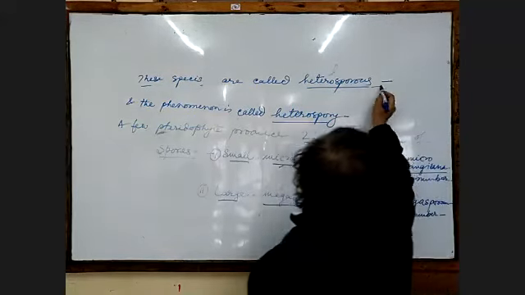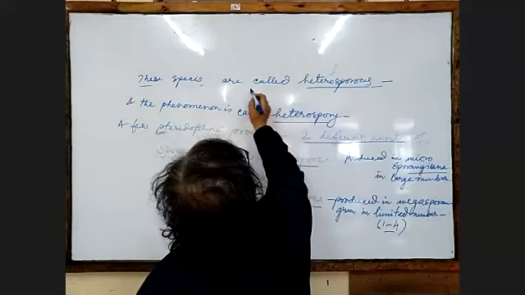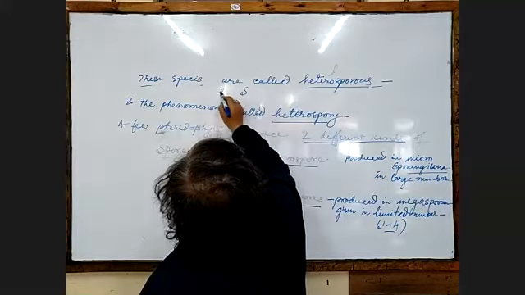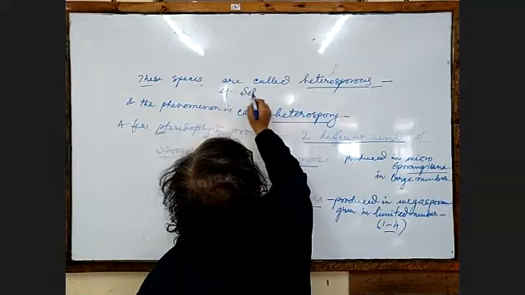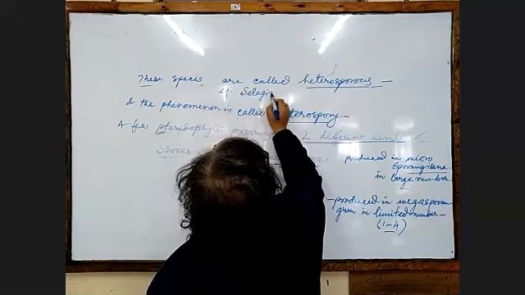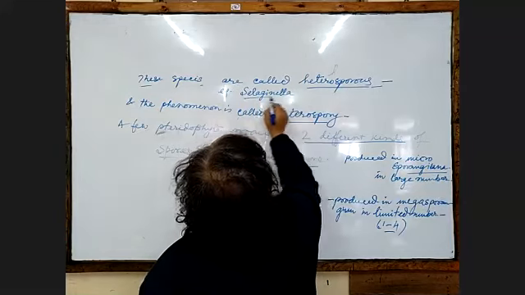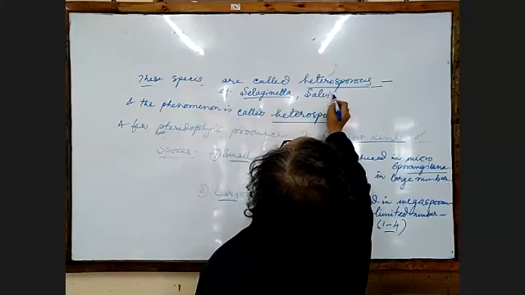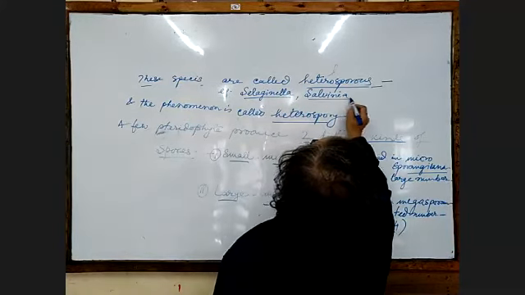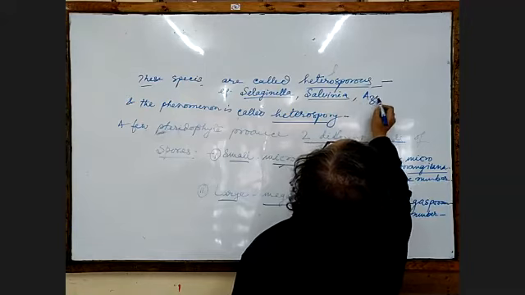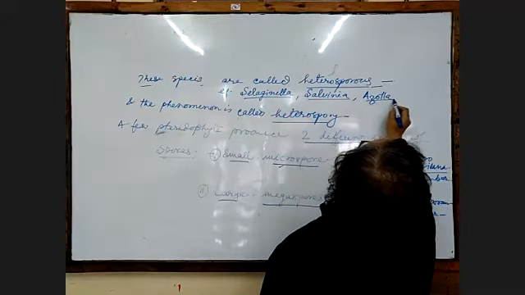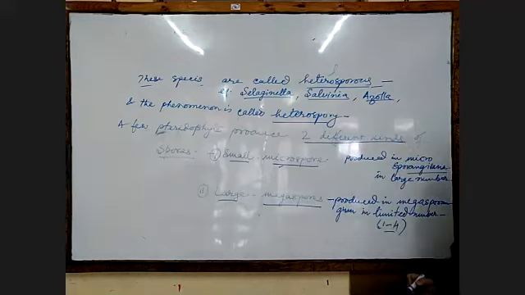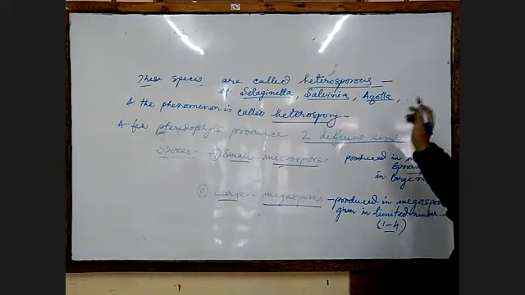The heterosporous species: example is Selaginella, Salvinia, Azolla, Marsilea.